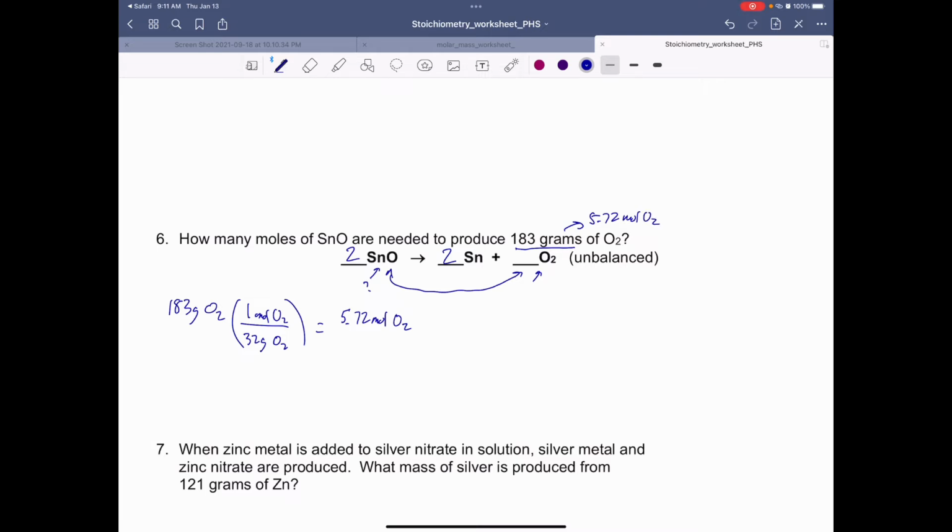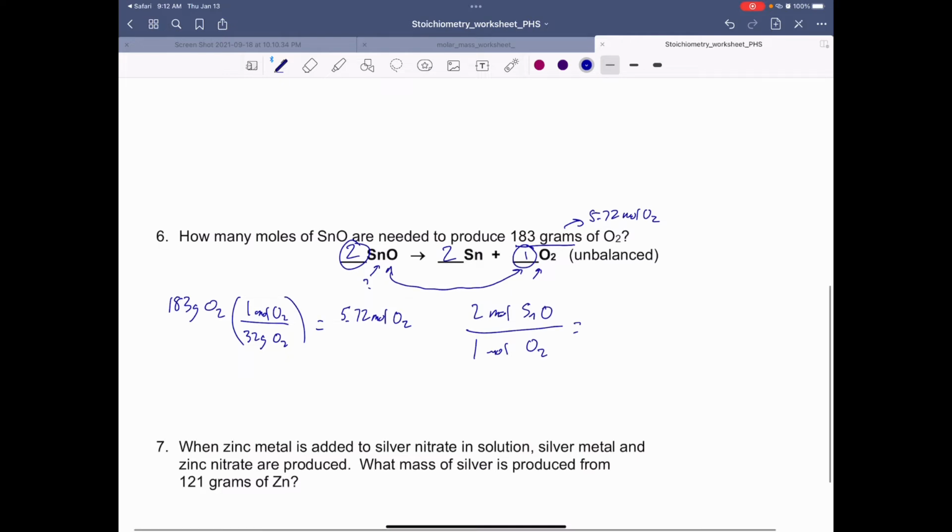Now we can start doing the molar ratio to figure out how many moles of selenium oxide we need. So the molar ratio is going to be 2 moles of selenium oxide will get us 1 mole of O2, and we get that from these coefficients right here. There's an invisible 1 in there. So that's going to equal, we don't know how many moles of selenium oxide, but we know that we need to produce 5.72 moles of O2.